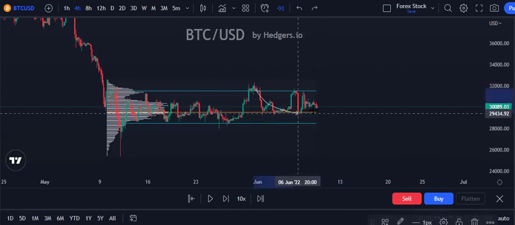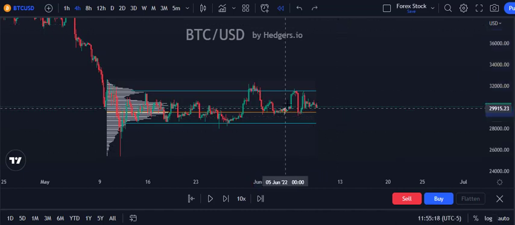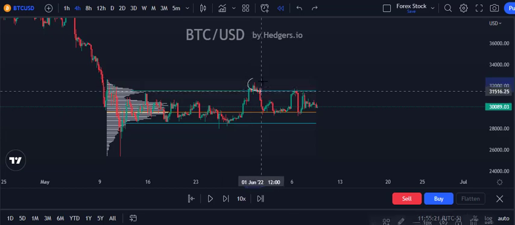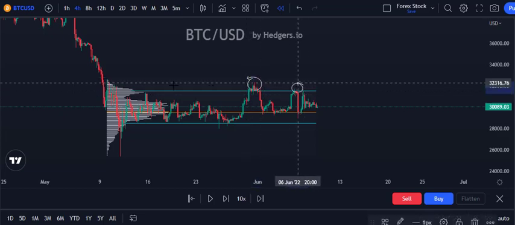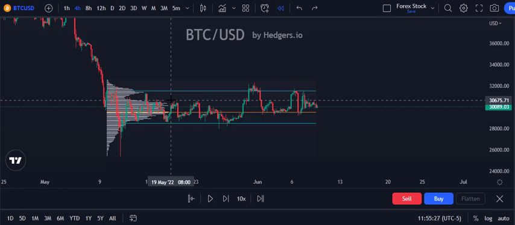People were looking for a massive move to the upside, and the institutions were loading up their positions from these points. So in the footprints, we can see that institutions were heavily closing their longs and putting short orders at this value area high.